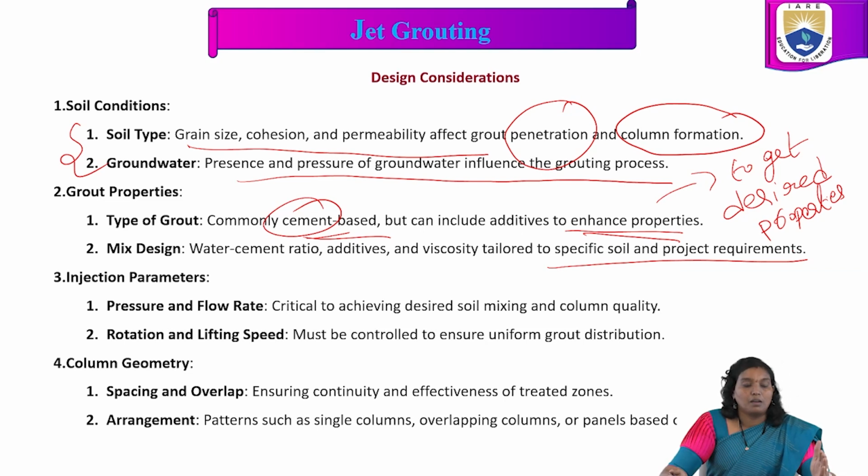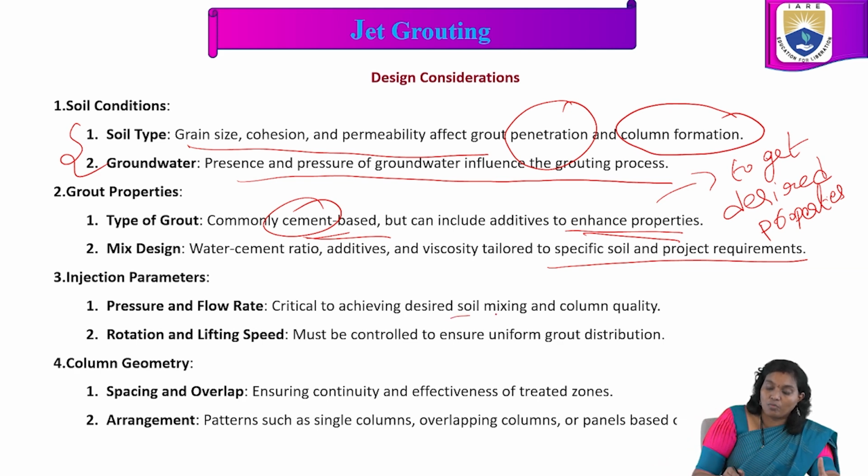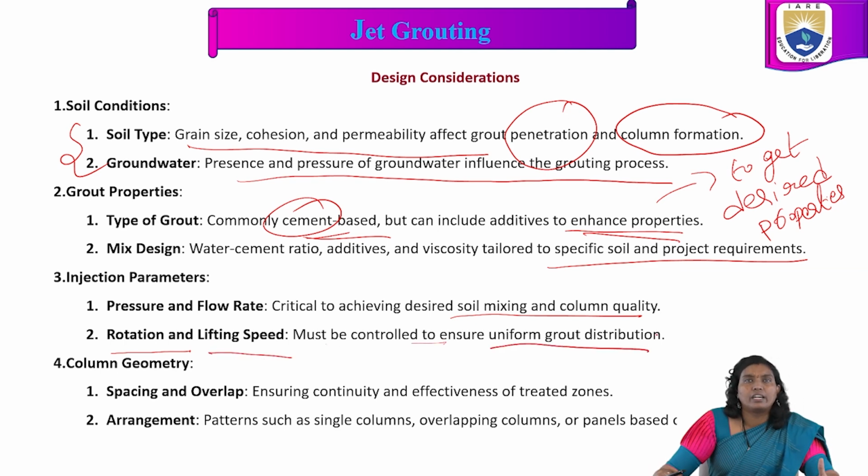Injection parameters: pressure and flow rate, rotation and lifting speed. Pressure and flow rate are critical to achieving the desired soil mixing and column quality, and rotation and lifting speed must be controlled to ensure uniform grout distribution.